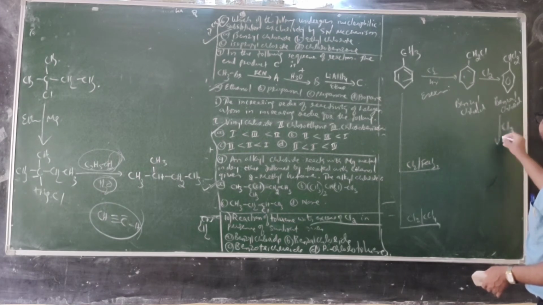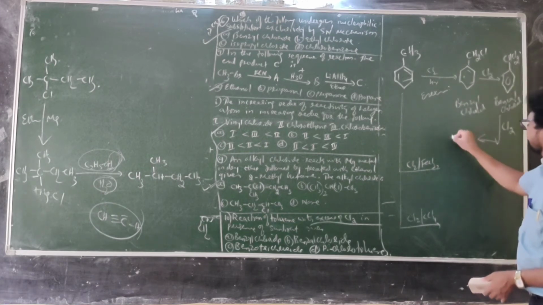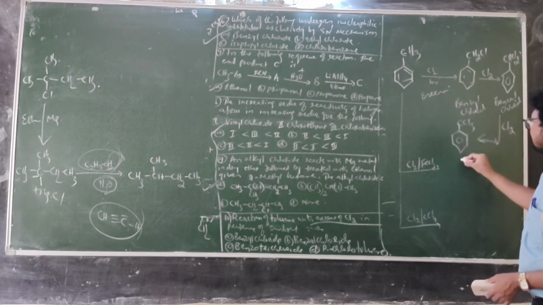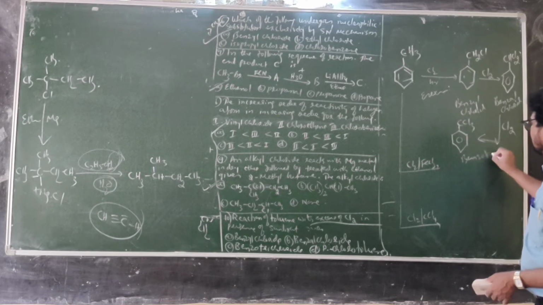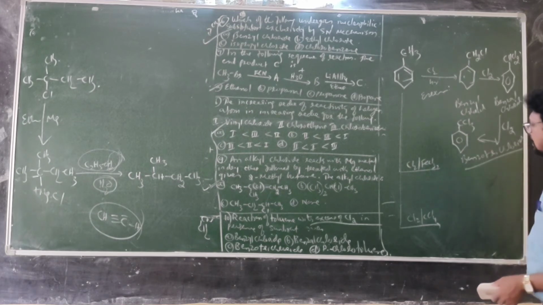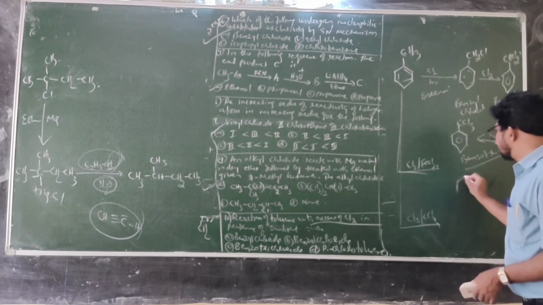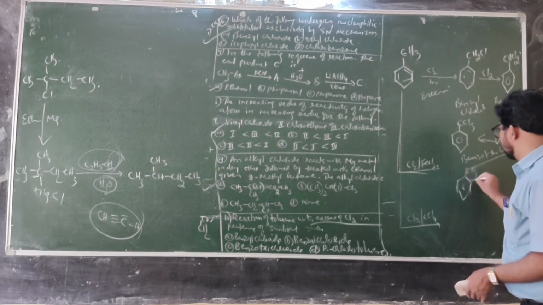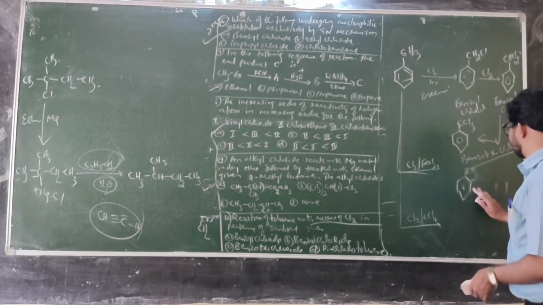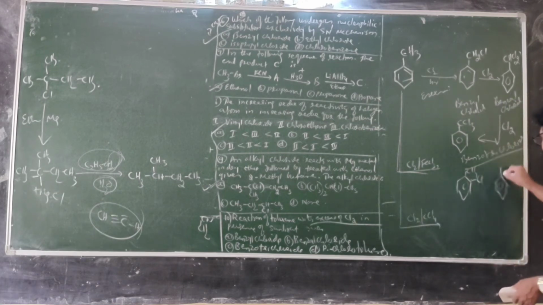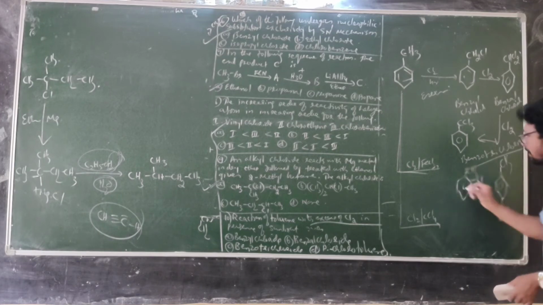Once again you can substitute because still a hydrogen is there. Final product is CCl3, benzotrichloride. But suppose you use ferric chloride, you get ortho and para; this is the minor product and this is the major product.